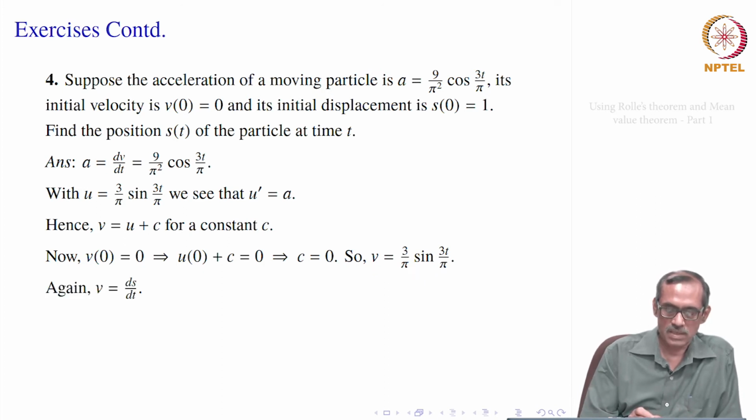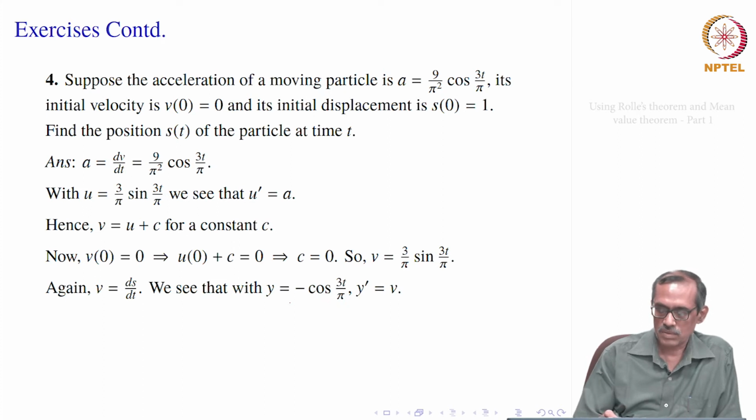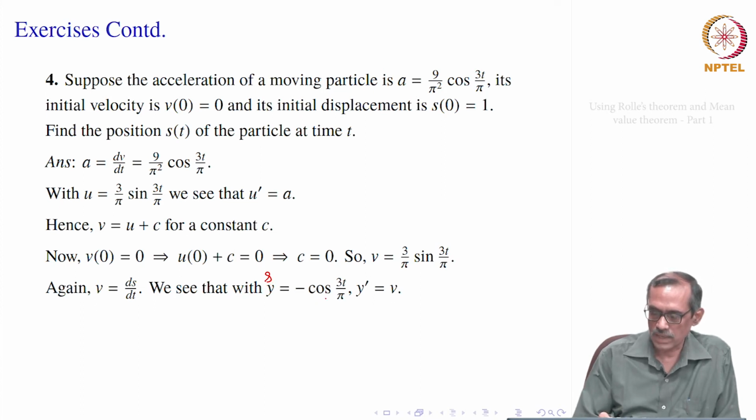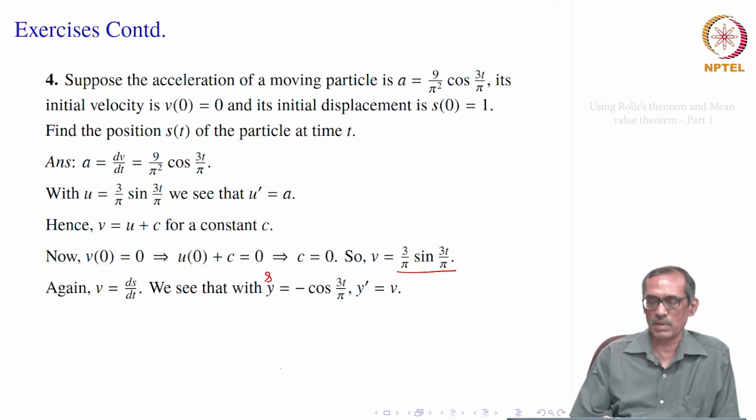So, v is again ds by dt. If I take that function as y, a new function, which is minus cosine 3t by pi, then its derivative is equal to 3 by pi sin 3t by pi.